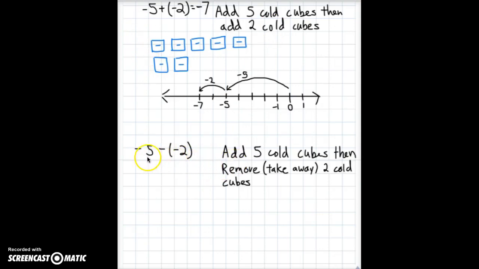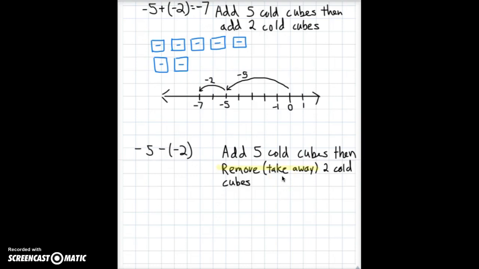So this situation, negative 5 minus negative 2, tells us to add 5 cold cubes and then remove or take away 2 cold cubes. The subtraction tells us to remove or take away, and that is really important to understand.